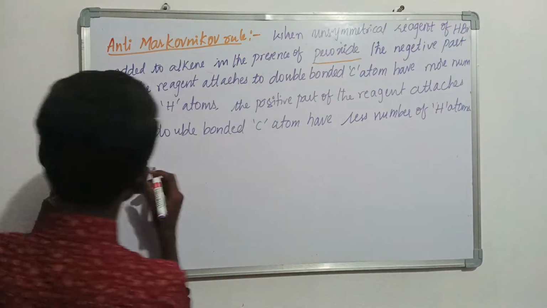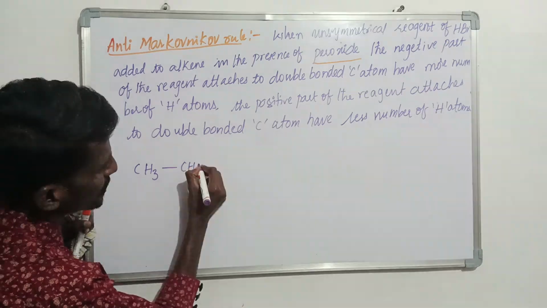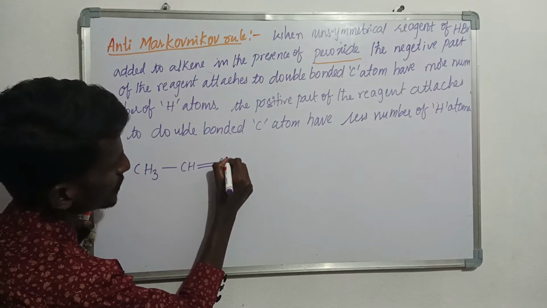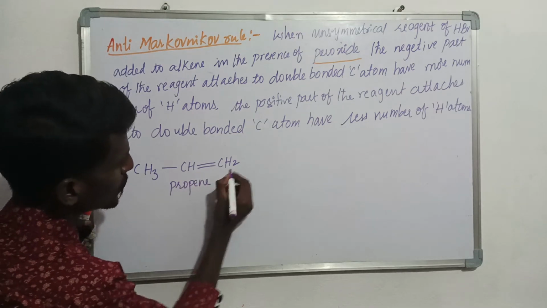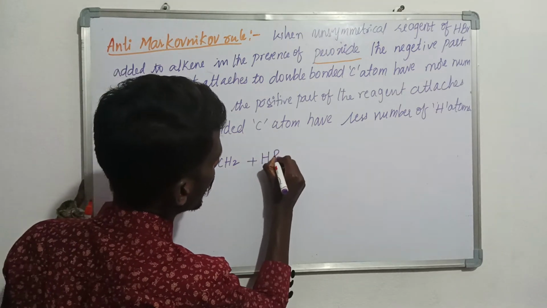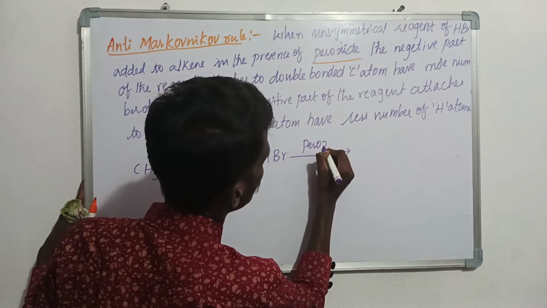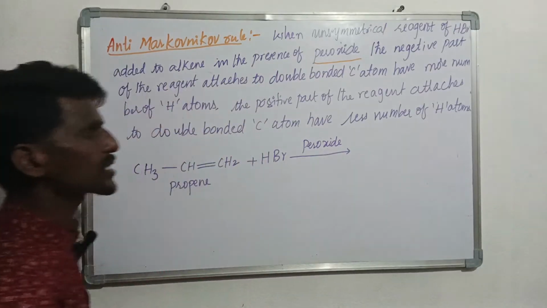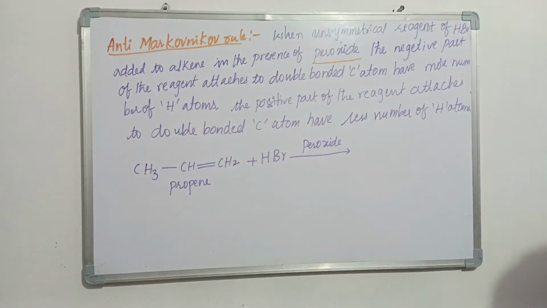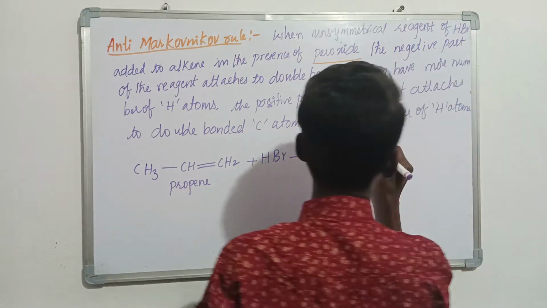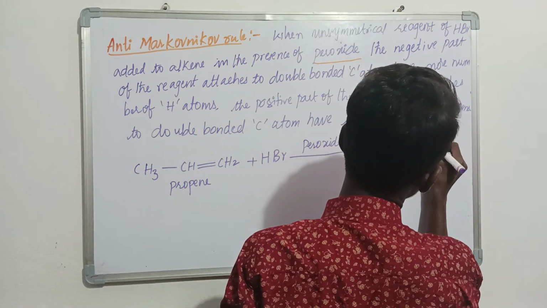So we'll see the example. Same example: CH3 CH double bond CH2, that is propene. When we add hydrogen bromide in the presence of peroxide, either hydrogen peroxide or benzoyl peroxide, then CH3, CH and CH2 will be formed.